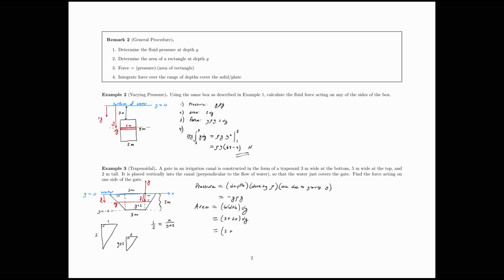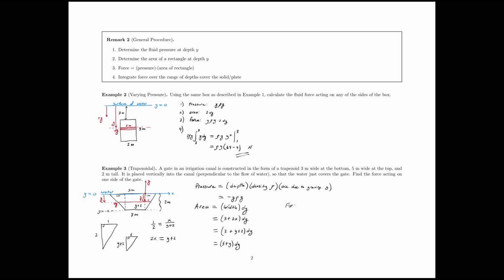So we have to somehow exchange this x for a y. The similar triangles provides a way to relate x and y. So I will cross multiply, and we'll have 2x equals y plus 2. So 2x is y plus 2. So the area is 5 plus y dy.